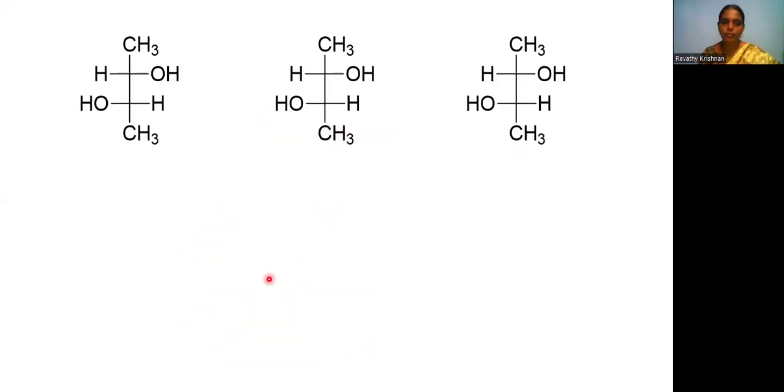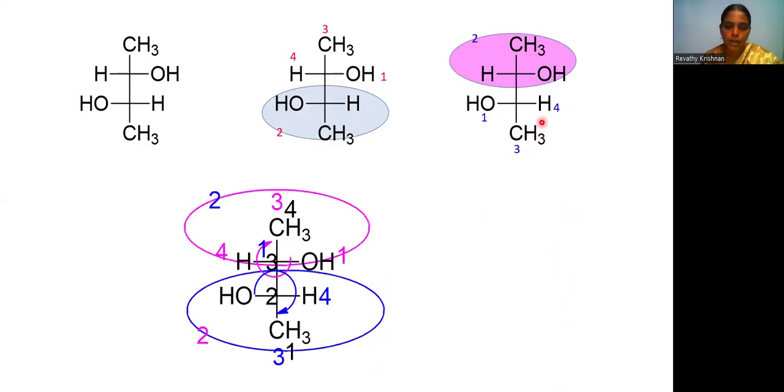This is another example. The priorities can be assigned according to the priority rule as seen before. This is the first priority. This whole thing is second priority. This is the third, and this is the fourth. For this chiral carbon, the priorities are shown like this. 1, this whole thing has 2, this is 3, and this is 4. The clockwise, anti-clockwise rotation is shown here.